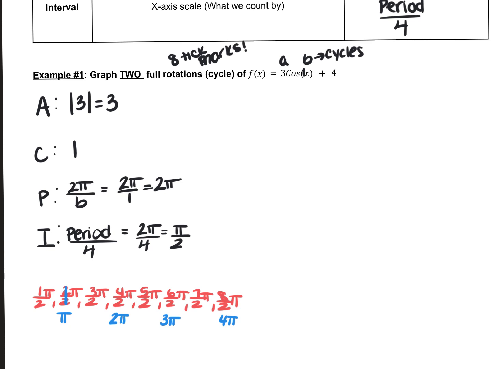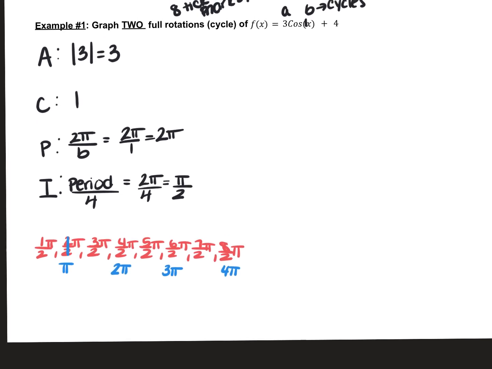Those need to go on our graph. Notice that there's no graph. The reason why there's no graph is because there's a vertical shift. So you need to know what your max and min values are in order to create the best XY axis. We remember that our maximum value is the midline plus the amplitude. In this case, our midline is plus 4.